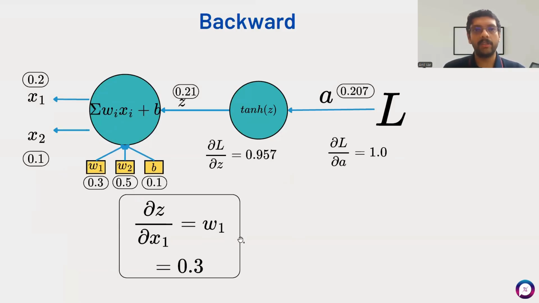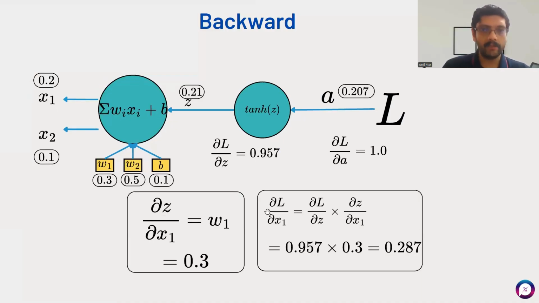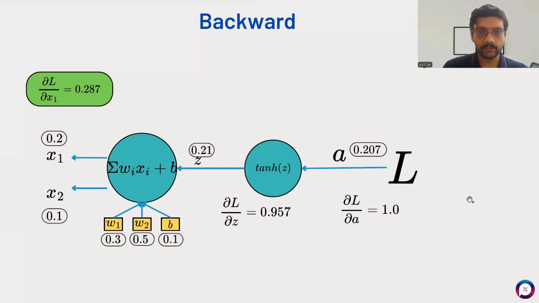This is important because if it's a neuron in one of the middle layers, you're going to need this value to propagate back through the network. We know W1 is 0.3, so the derivative of Z with respect to X1 is 0.3. So the derivative of L with respect to X1 using the chain rule is 0.957 times 0.3, which is 0.287.